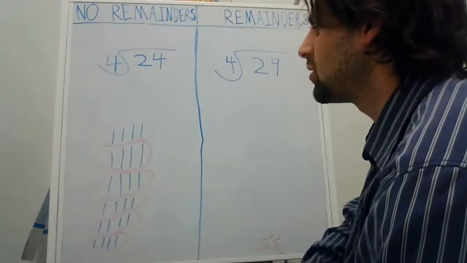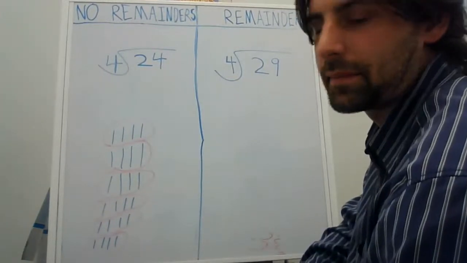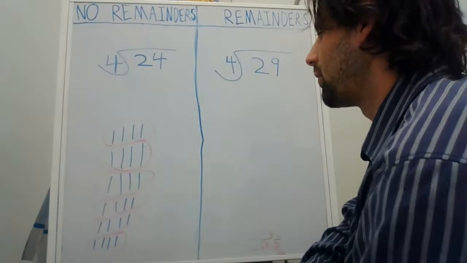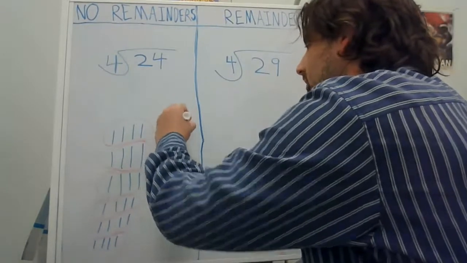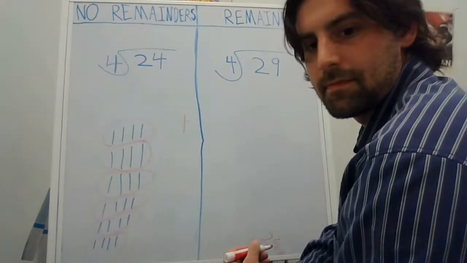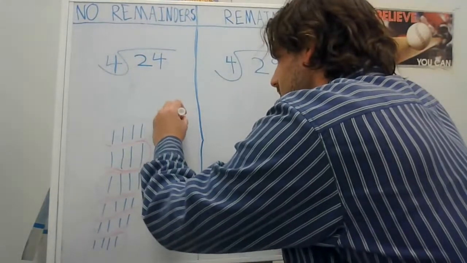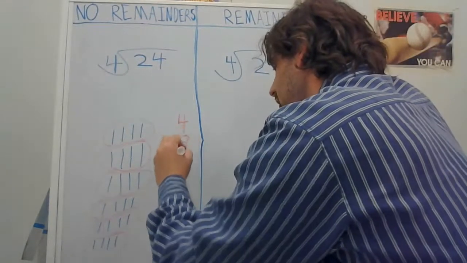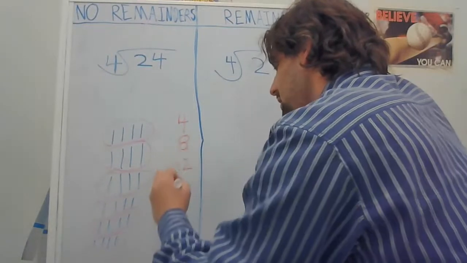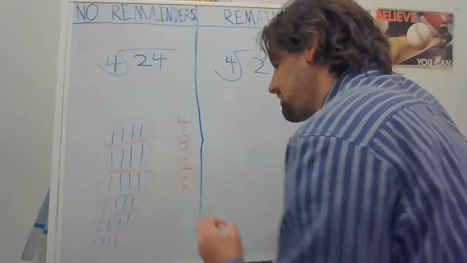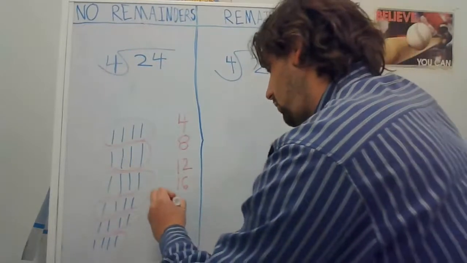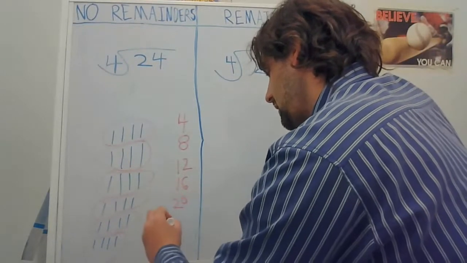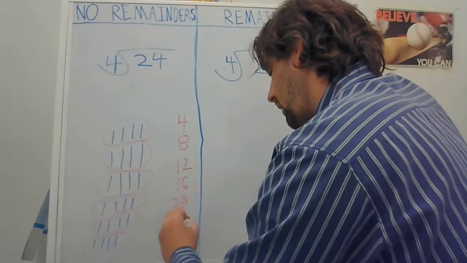Now, if I wanted to do the skip counting method, let me skip count by fours. Ready? 4, 8, 12, 16, 20, 24.